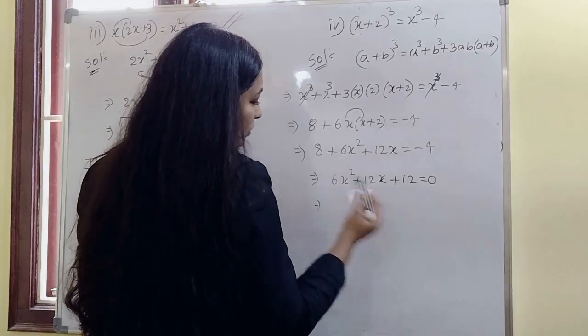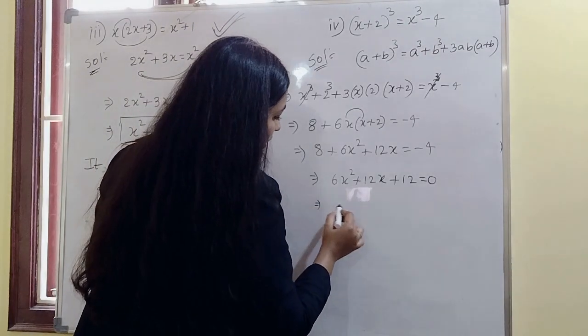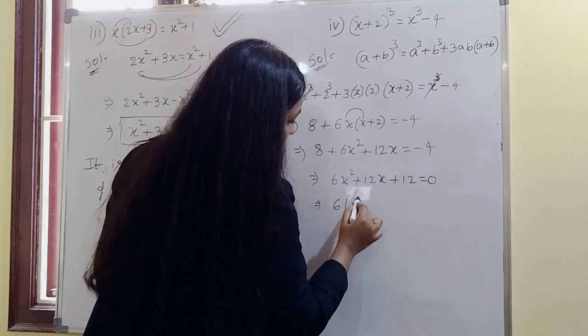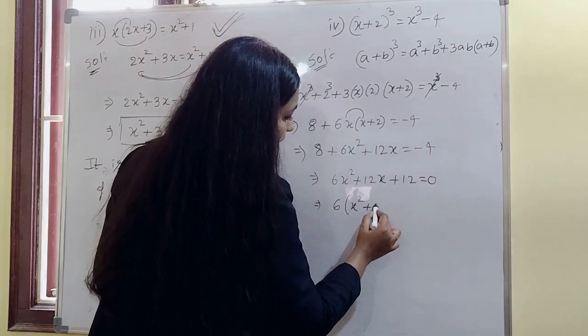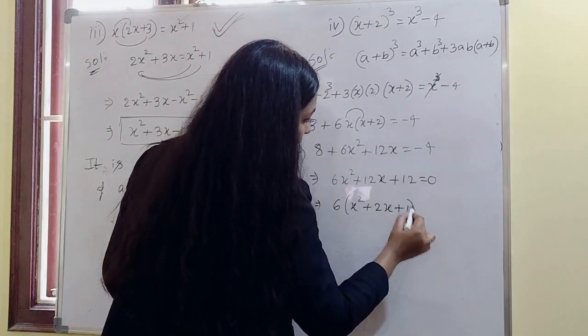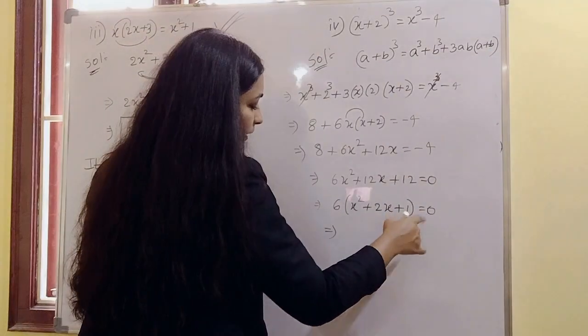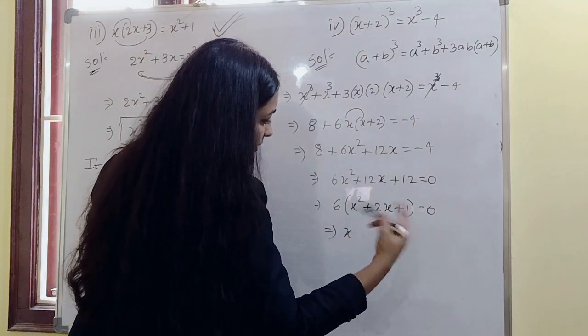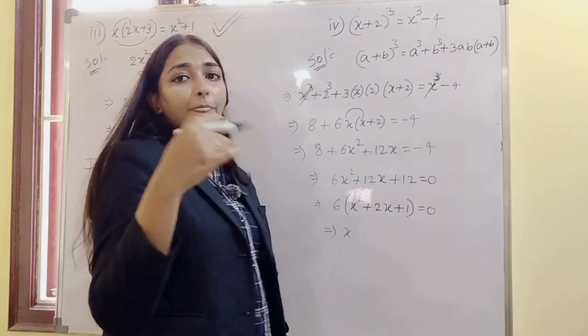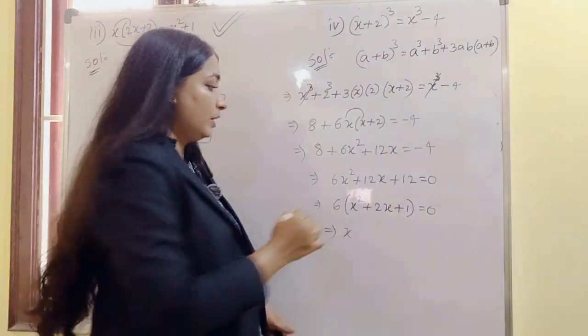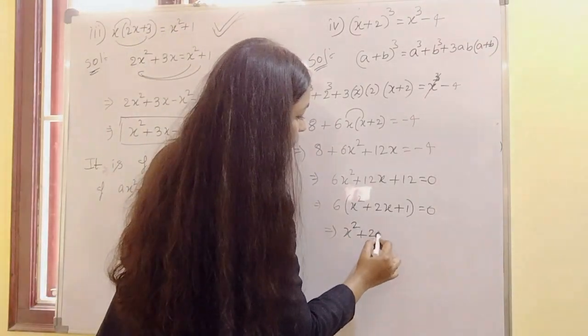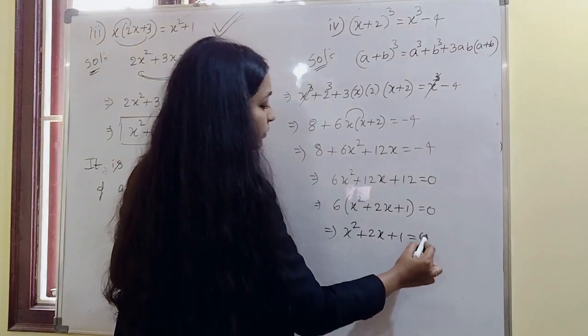I can take 6 common. So here x square is left, and here 2x and here 1. And if I take this 6 to that side it becomes 0 by 6, which is 0, right? 0 by anything is 0. So x square plus 2x plus 1 is equal to 0.